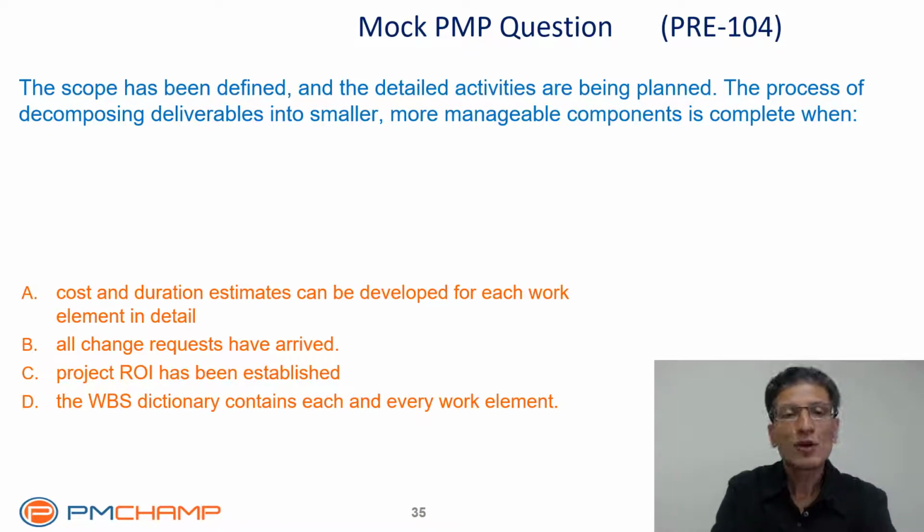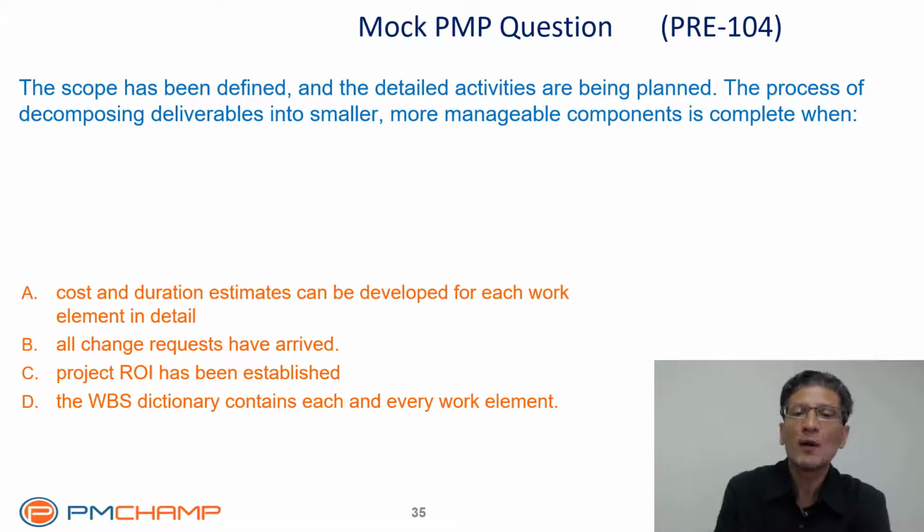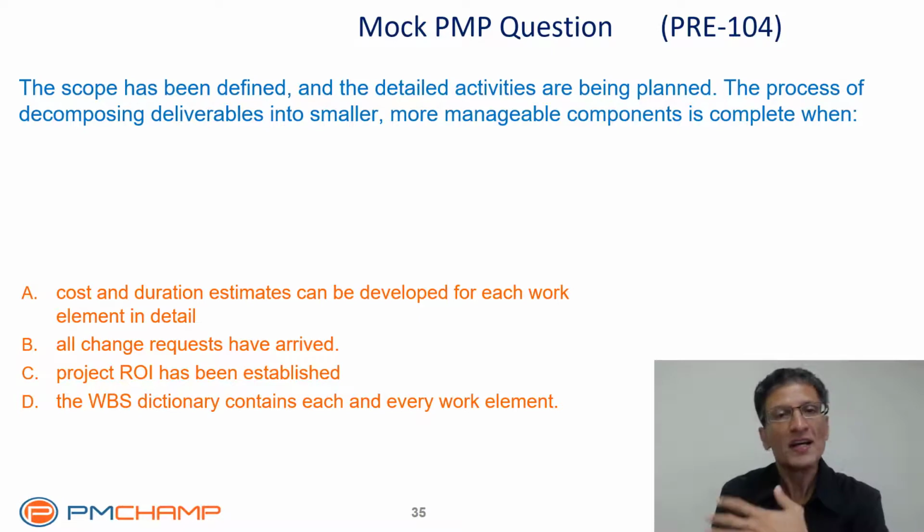The question is not so long, but the choices take time to read. This question is asking you what comes after the scope is defined and the detailed activities are being planned. So we are doing a process where we are decomposing the deliverable into smaller components. When will this activity be complete? If you know the answer, fantastic.